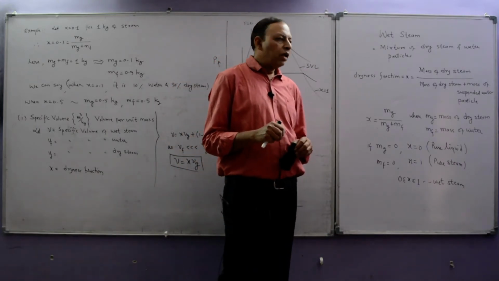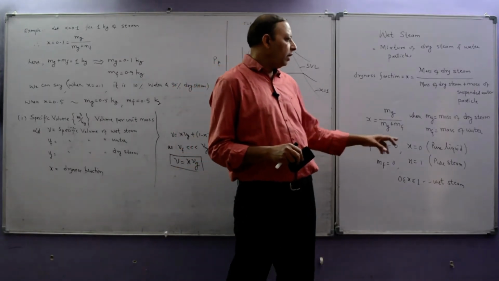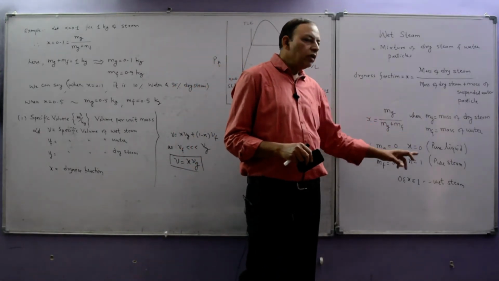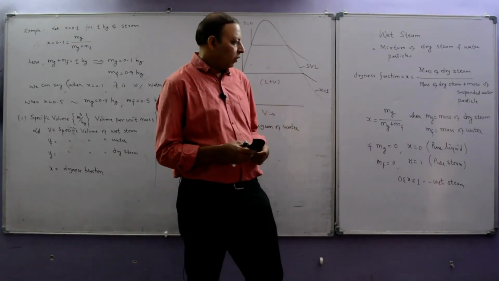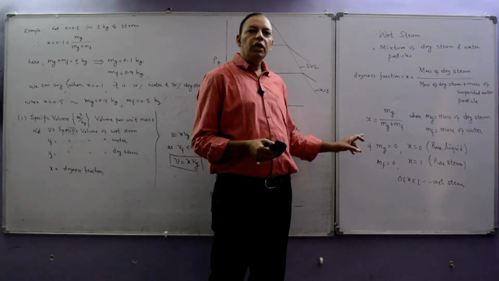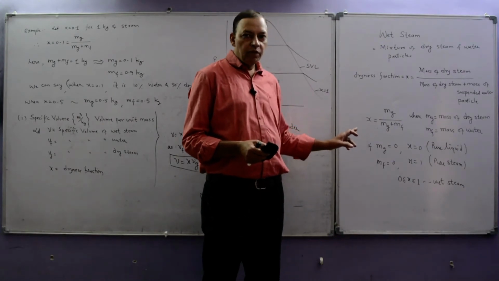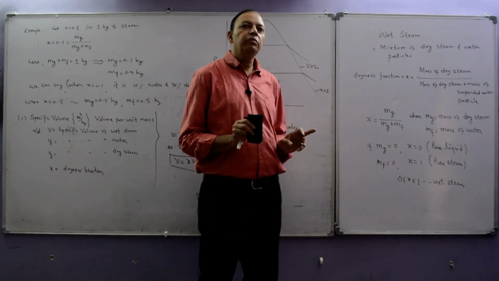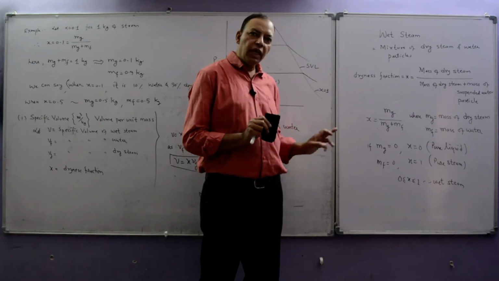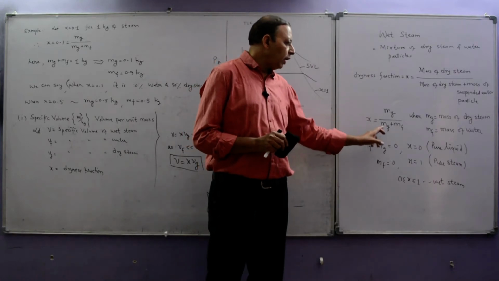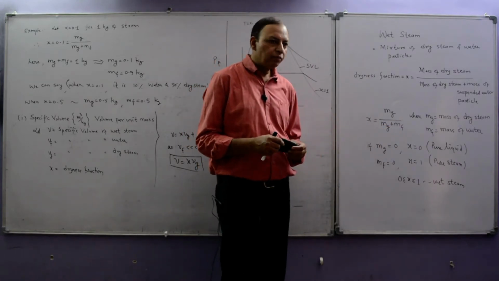Let mass of dry steam be represented by mg, mass of water by mf, then we can write the formula of quality of steam or dryness fraction. Both are similar terms. x can be written as mg upon mg plus mf.